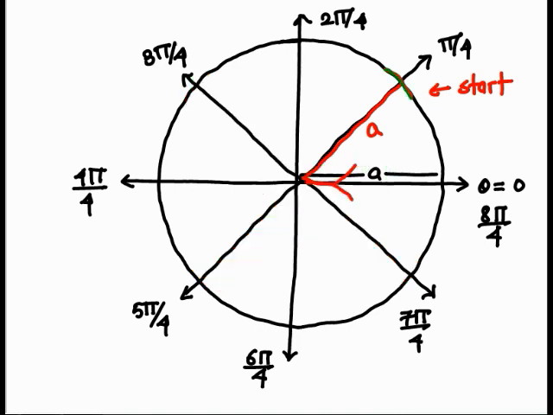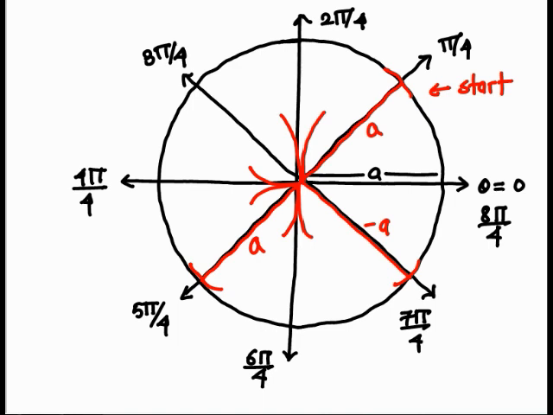Now let's again understand the behavior of the curve at each sector. At π/4 it is like this. At 2π/4 like this. At 3π/4 like this. At 4π/4 like this. At 5π/4 like this.